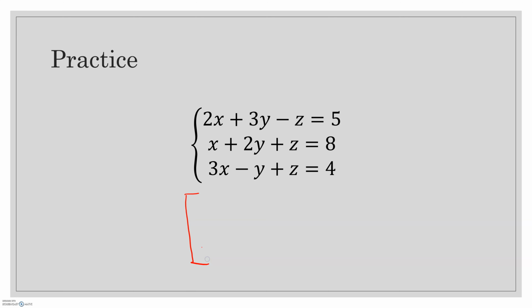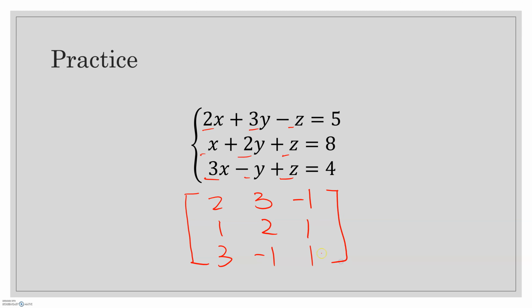First, write down the equation using all the coefficients. The coefficients are all here, the number before x and y and z. So it will be 2, 3, and -1. So check the negative sign. And it will be 1, 2, and 1, and 3, and -1, and 1.